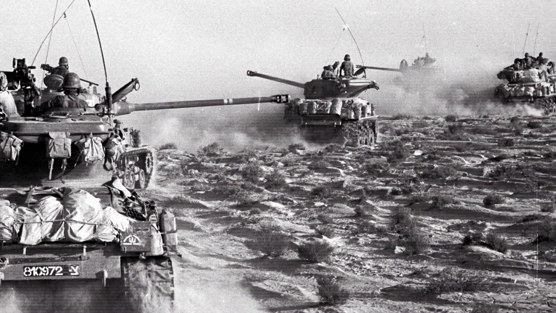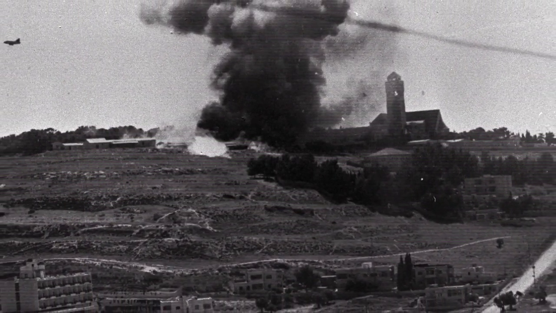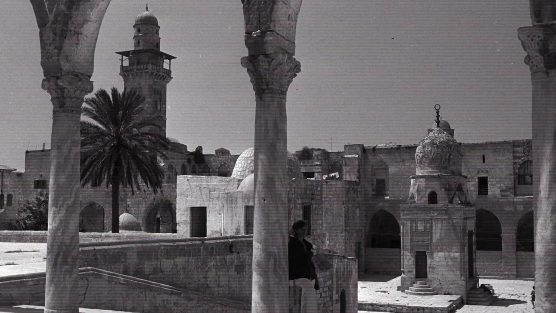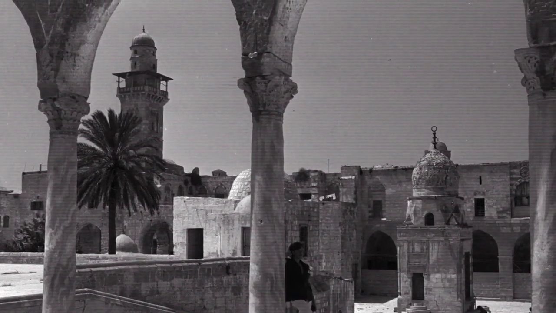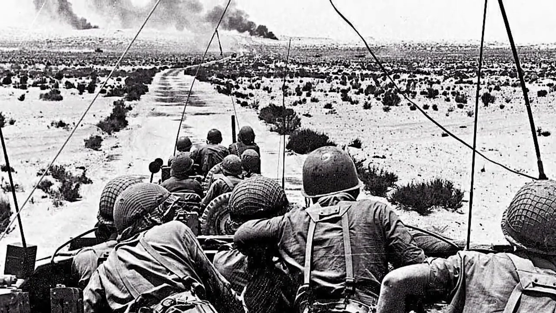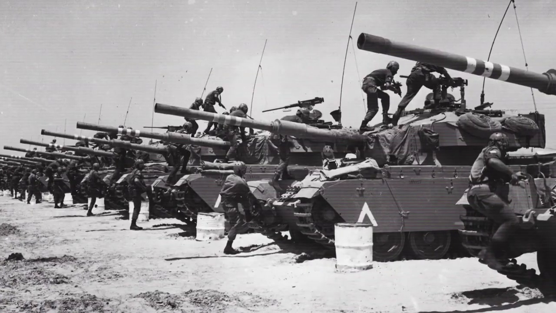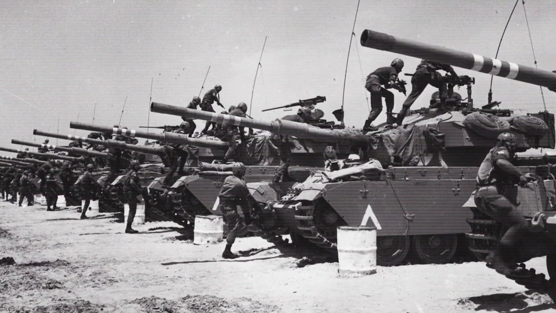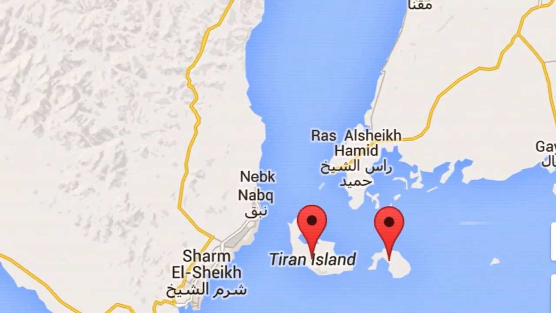These included the West Bank, the Gaza Strip, East Jerusalem, the Sinai Peninsula, and the Golan Heights. This stunning military success not only redrew the map of the Middle East but also set in motion a new chapter of complex political dynamics and unresolved territorial disputes that continue to shape the region's narrative to this day. This occupation remains a major source of contention and a significant obstacle to lasting peace.